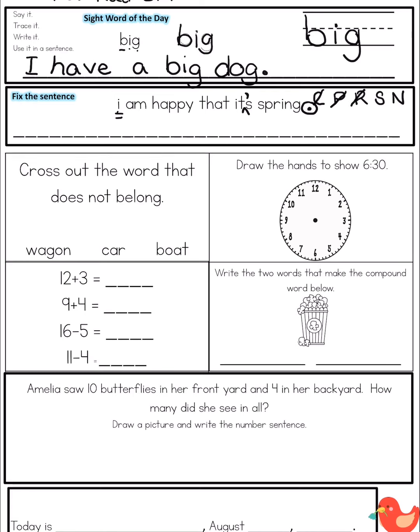I'm looking at all the words, and they look like they're all spelled correctly, so now it's time to rewrite the sentence neatly. I am, and leave a little space between the words, happy that it's, I-T apostrophe S. That means it is spring.